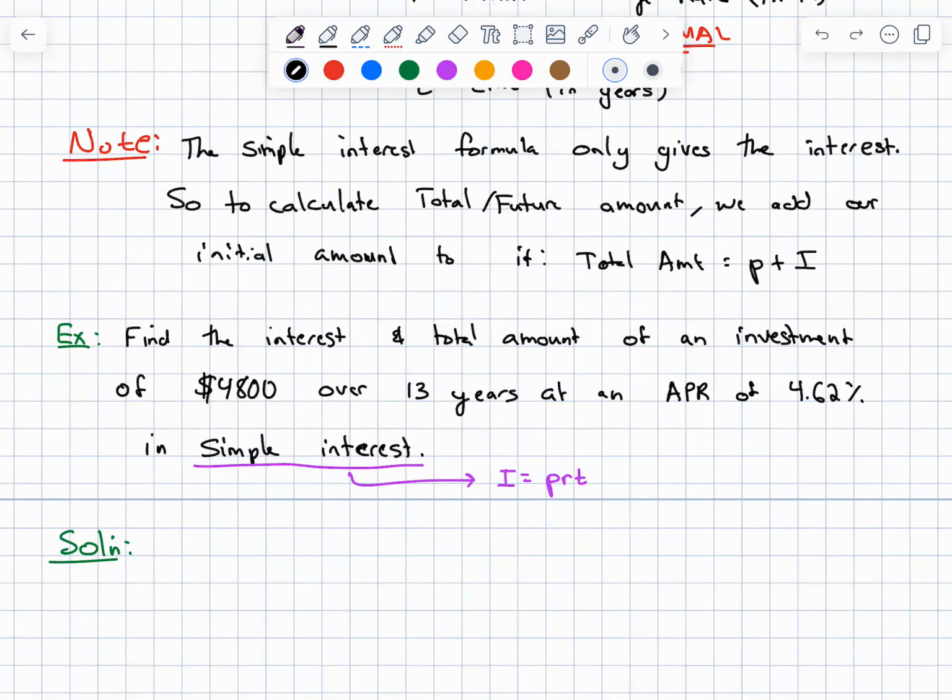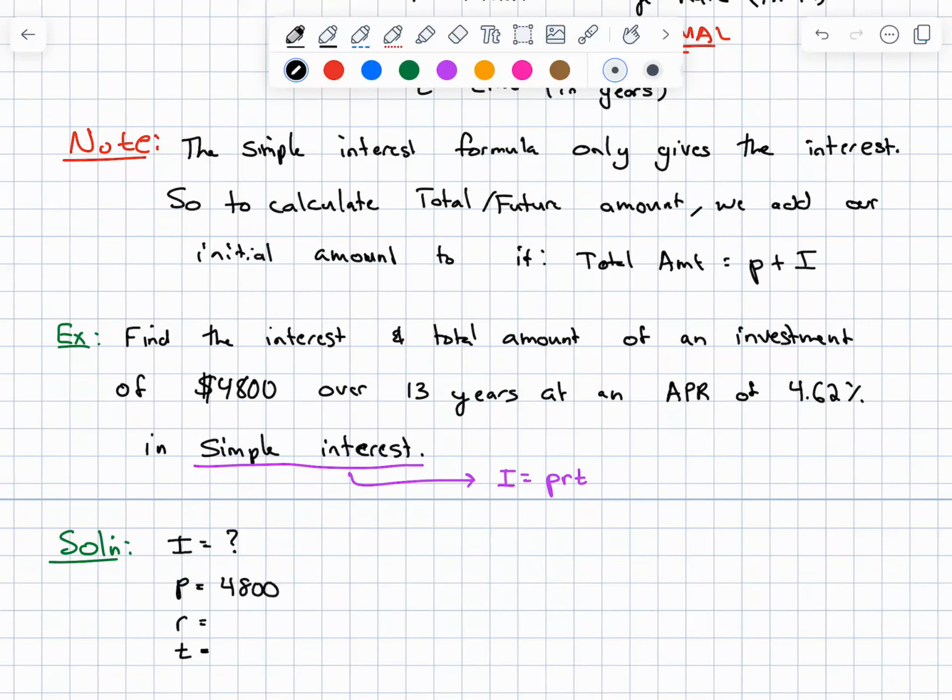So we have I equals PRT. I'm going to list all of them: I, P, lowercase r, and lowercase t. And we're going to try and list all the ones that we know. Do we know the interest? No, that's the one that it says find. We're going to find the interest, so that's an unknown. P is the initial or principal amount, which in this case would be $4,800.